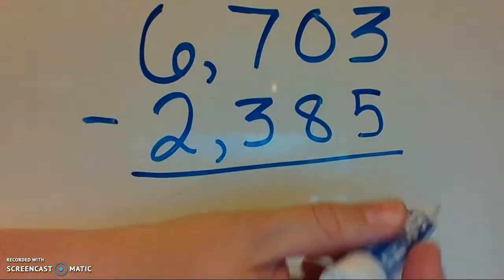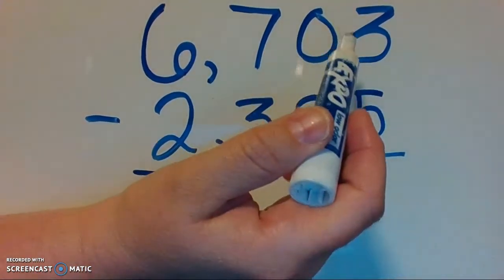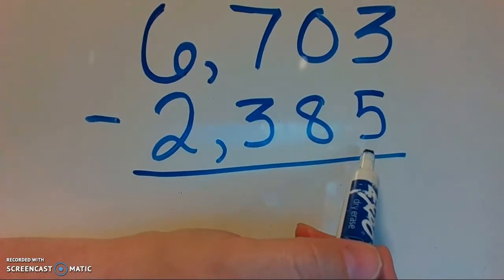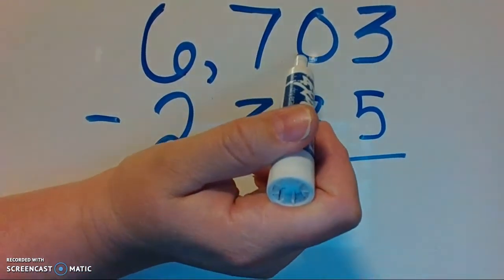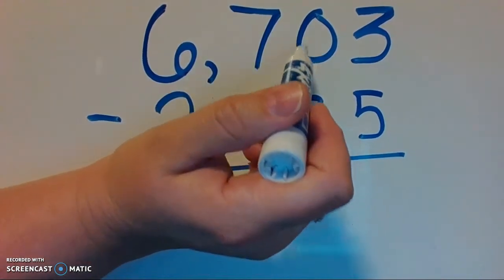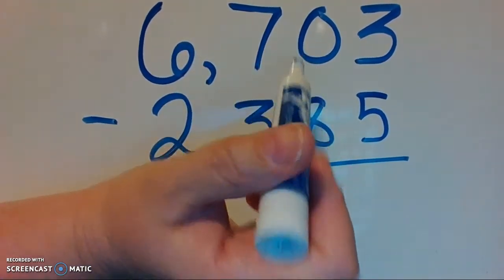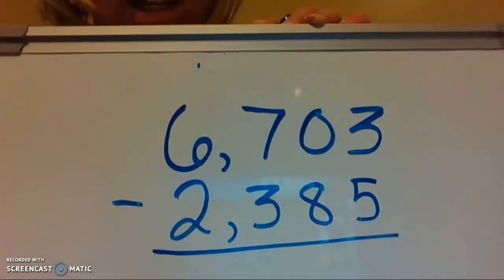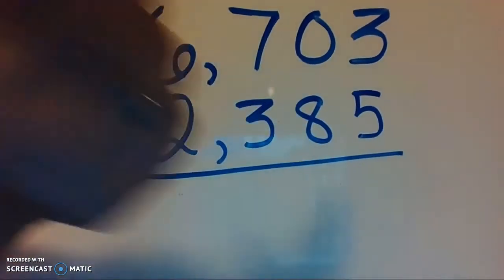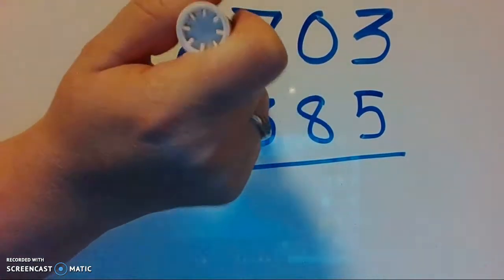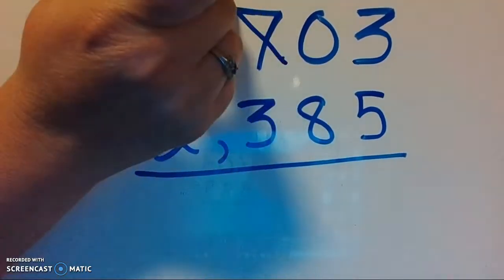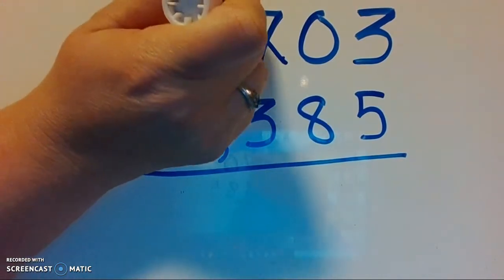So I always start over at the ones. 3 minus 5 I can't do. So I'm going to go over to my tens. But I don't have any tens. So I need to make some tens before I can borrow or take any away for my 3. So I'm going to go to my hundreds. This is 700. It's going to become 600.